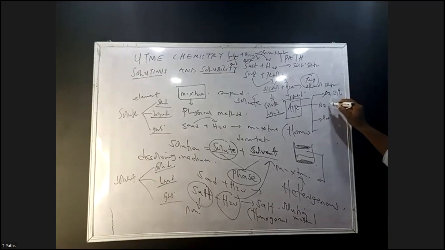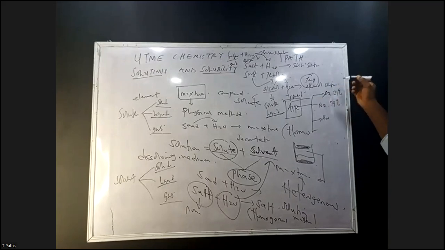Oxygen 21%, nitrogen 79%, though these are approximate percentages. The oxygen is about 20 point something, the nitrogen is about 78 point something. Water vapor, CO2, and some other things are also there. So air is a mixture of all of these gases.